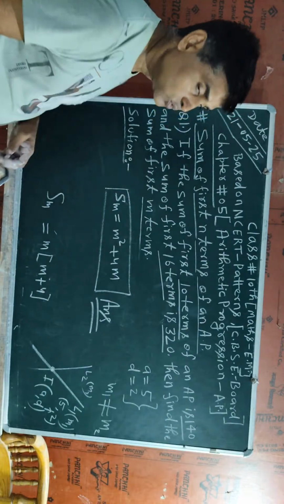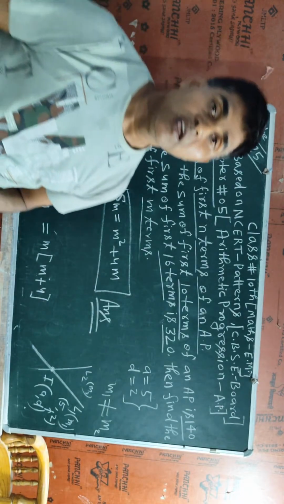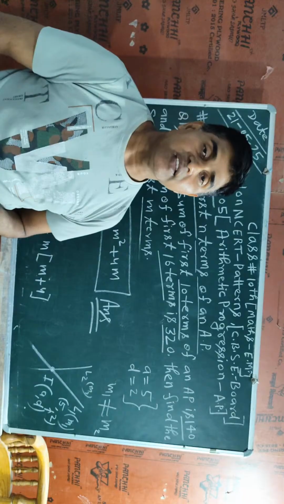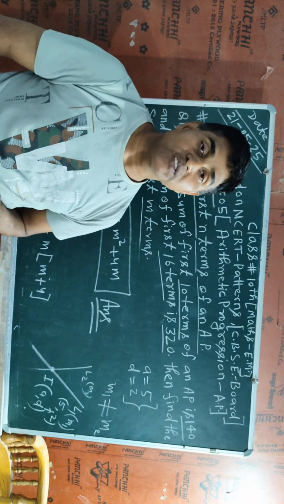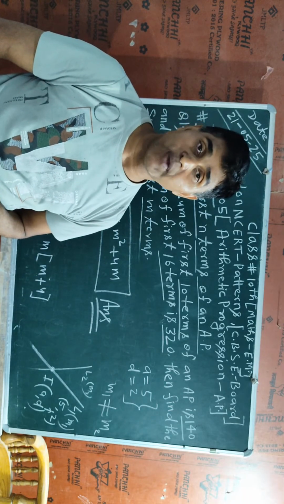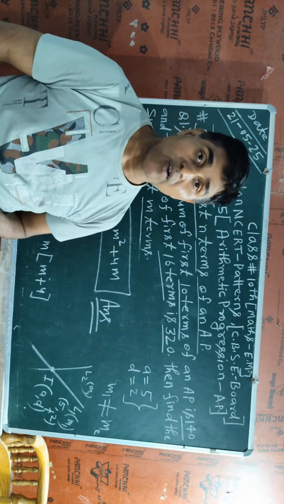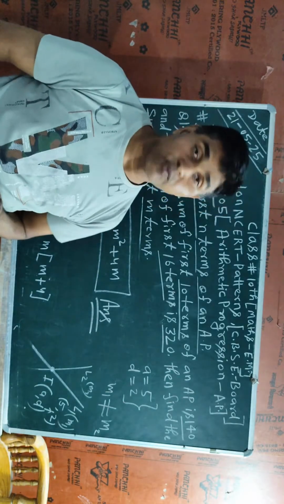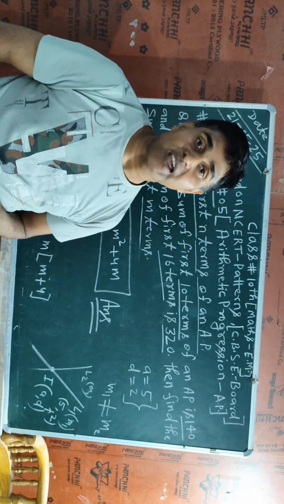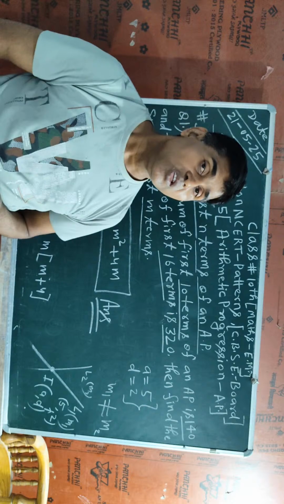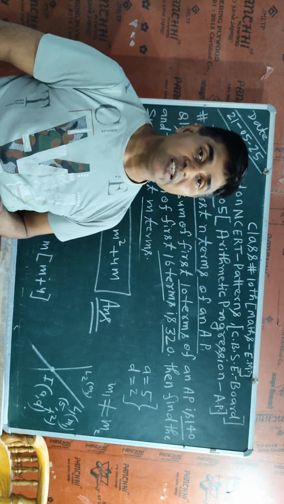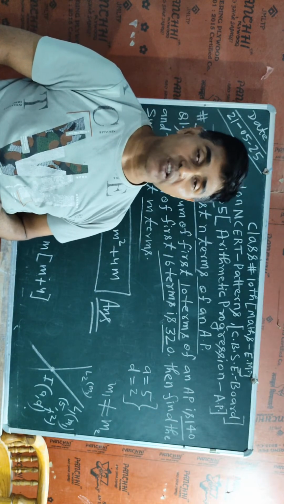Okay, student. So this is a very easy solution, and you can also solve it if you remember the formula for the sum of first m terms of an arithmetic progression. You also have to know each and every piece of information in the question.